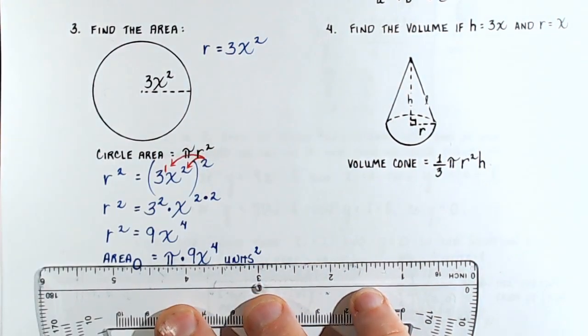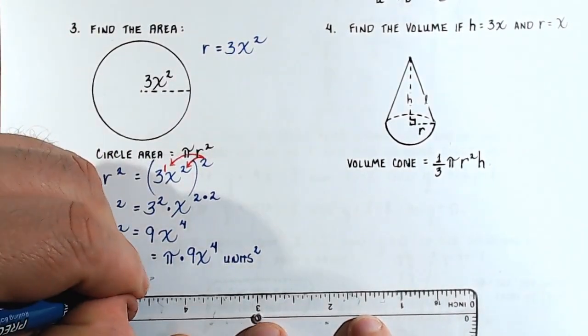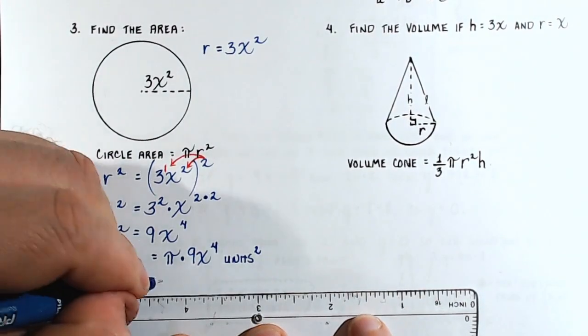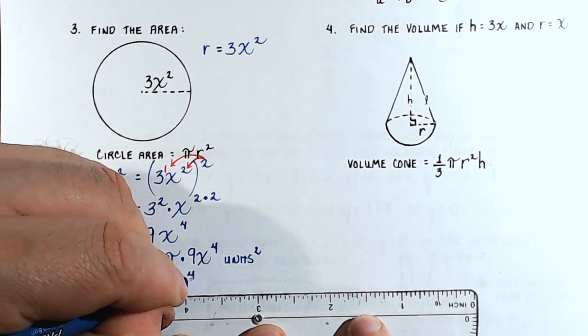Okay, because area is written in whatever units there are squared. And that's not very clean, so we're going to write that like this. 9x to the 4th power pi.